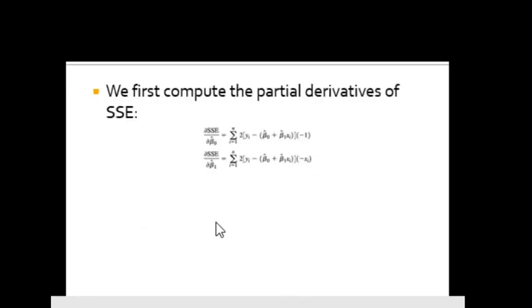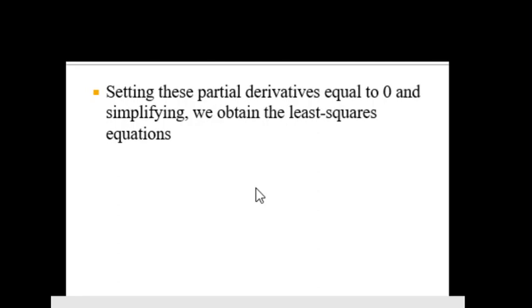To compute the estimates, we will not see the whole work here, but we first compute the partial derivatives of the sum of squares error, with respect to beta 0 and with respect to beta 1. We set these partial derivatives equal to 0, and that gives us the least squares equations.